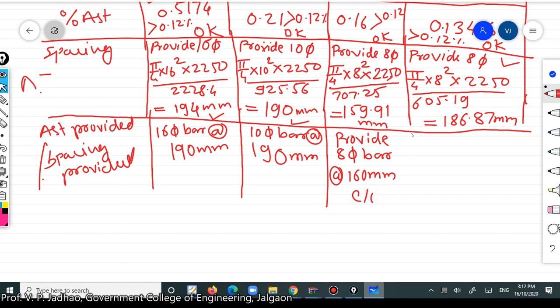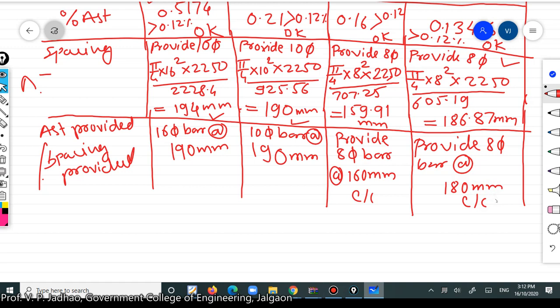Okay, and last, at the end strip we will calculate this as 186. So again here provide 8 phi bar at 180 mm center to center. Okay, so this is how the steel reinforcement is calculated.